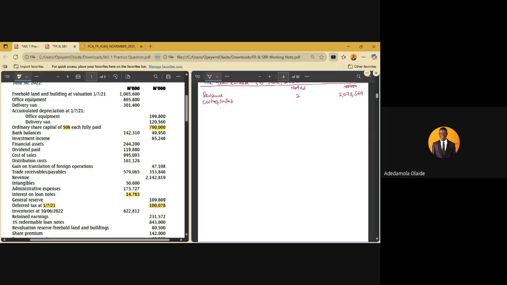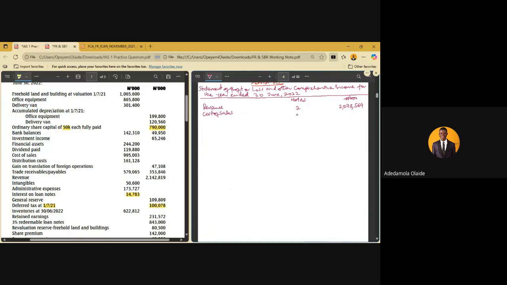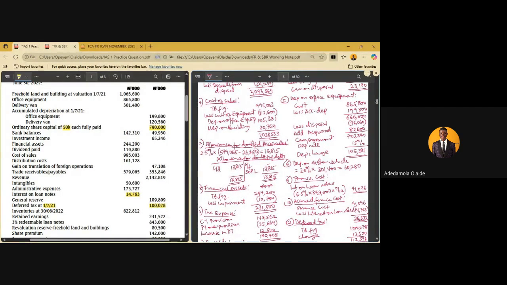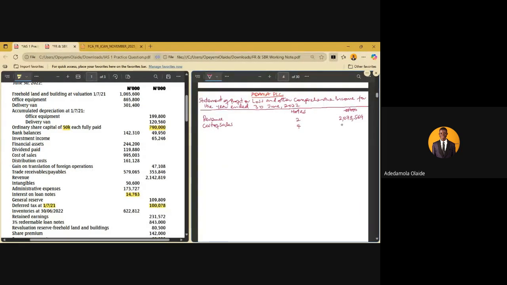Cost of sales, which is note what? Note 4, cost of sales. Under note 4, our cost of sales is 1038553.